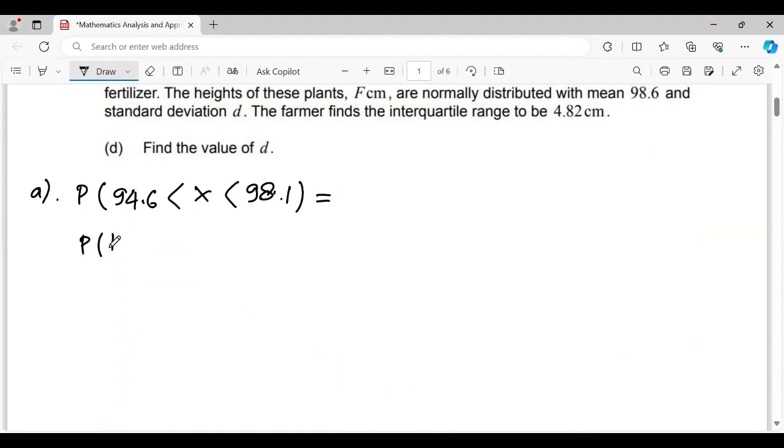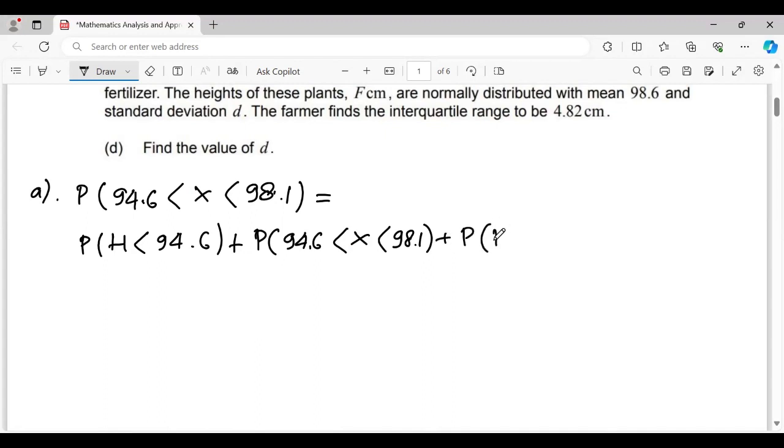I will start from the probability that the height is less than 94.6, plus the probability X from 94.6 to 98.1, plus the probability h greater than 98.1 equals 1, because the maximum probability equals 1.